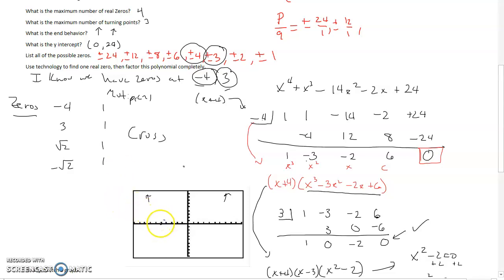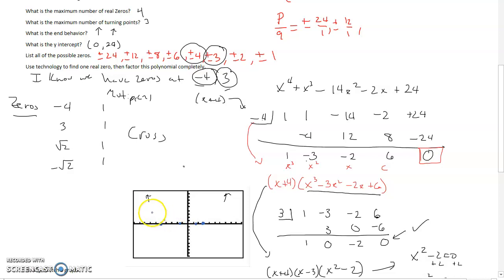It has a 0 at negative 4. It also has a 0 at 3. It does not like me drawing dots. It also has a 0 at radical 2, which is something like 1.41. And then it has one at negative radical 2, which is negative 1.41.